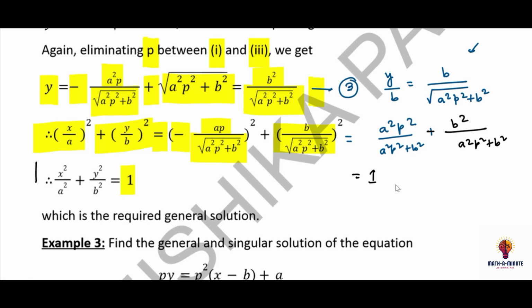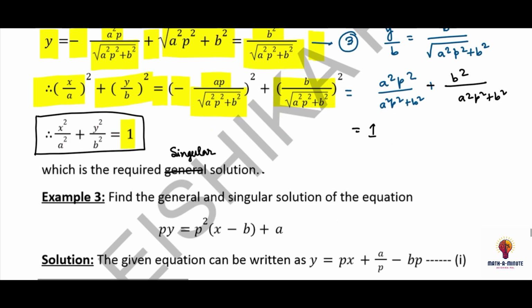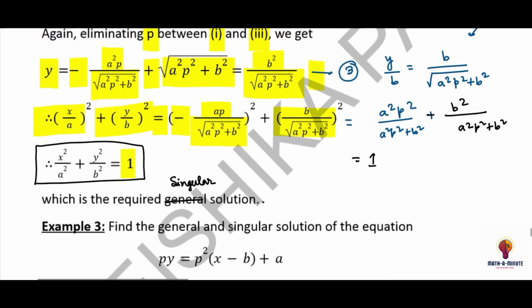So this is our required singular solution of the given equation. Okay, in a similar way, try to solve this equation. Find the general and singular solution of the given equation.